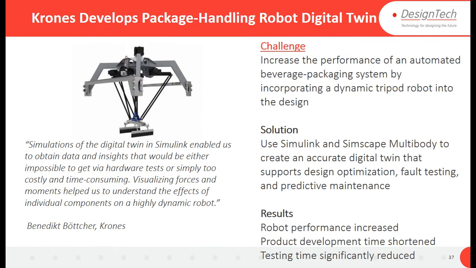And the last one which I am showing you: Krones developed a package handling robot using a digital twin. So what is a digital twin? Let's say I have a real plant, and I want to make a replica of the real plant virtually in Simulink. Why do we need to design it virtually if I have the original real plant?